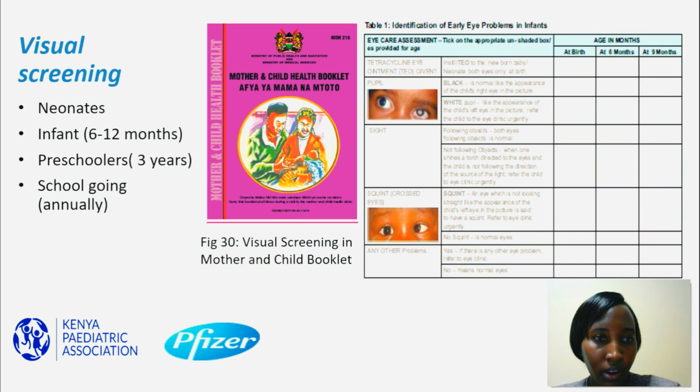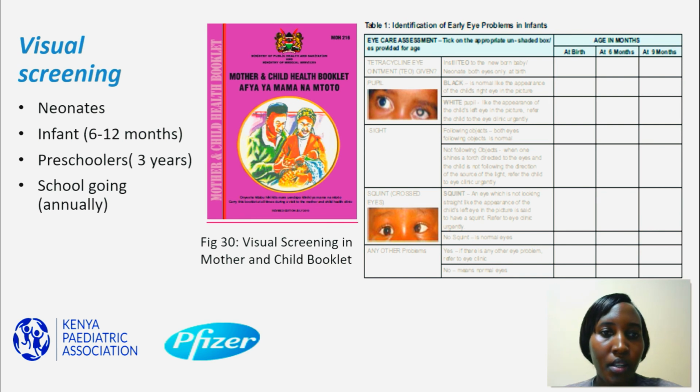So very important, we were able to include a visual screening tool in the Mother and Child Health booklet that was added in 2010, and this is supposed to help health workers to identify some of the conditions that we have highlighted in the presentation. What the page requires is that the health worker checks or confirms that the child gets tetracycline at birth, and also examines the pupil.